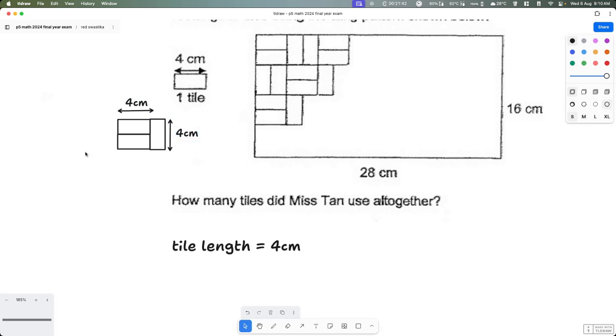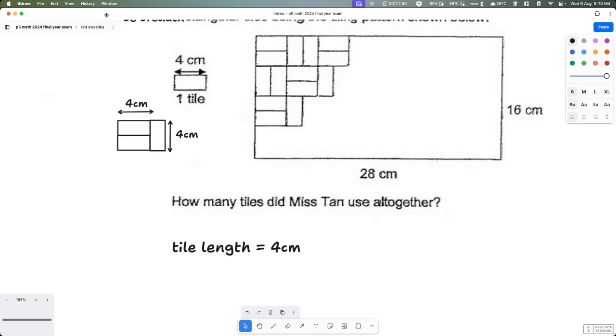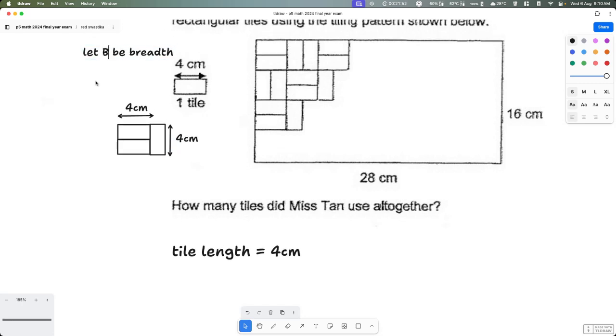So that means, let B be breadth because it's too small. This over here is 1B, and this over here is also 1B. So tile length is 4 centimeters.